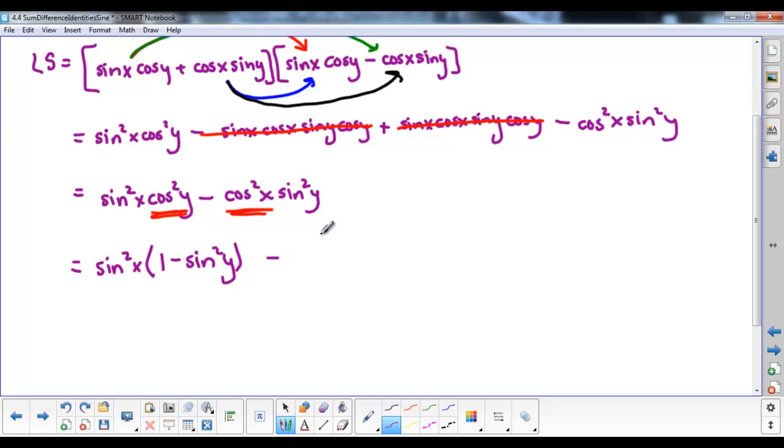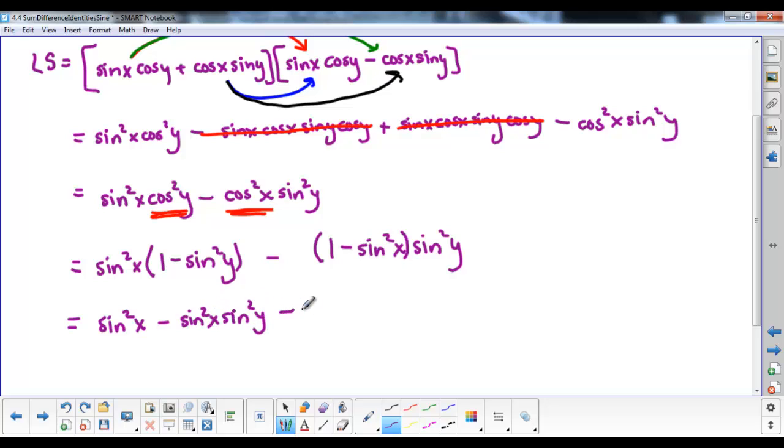Okay, so minus 1 minus sine squared x this time to replace the cos squared x, and that's multiplied by the sine squared y. So we have two terms here, and we can distribute again. So sine squared x times 1, and then sine squared x times sine squared y.